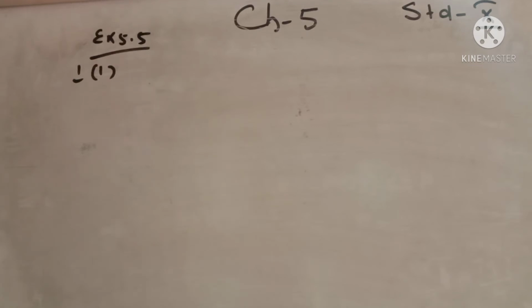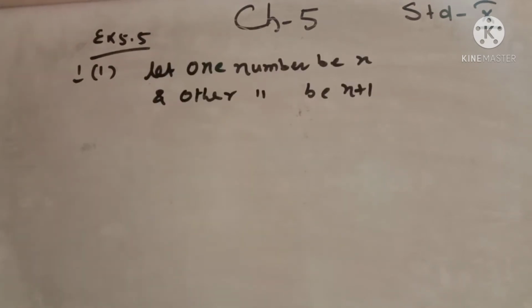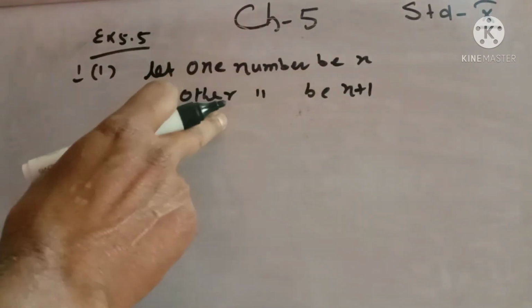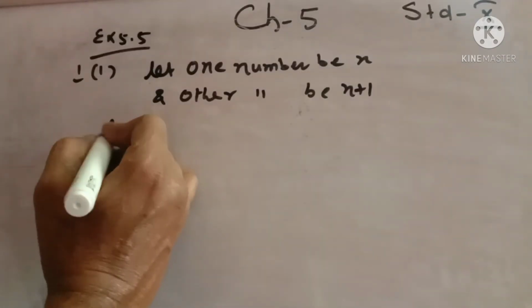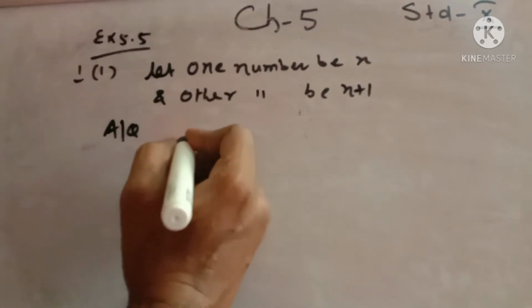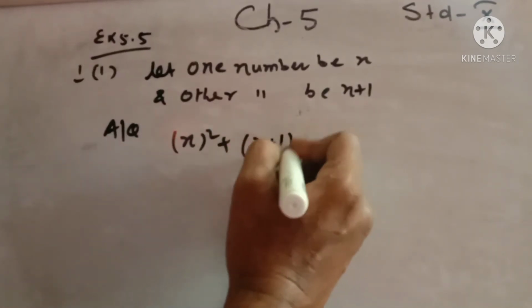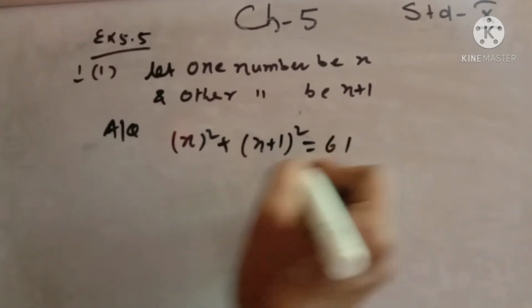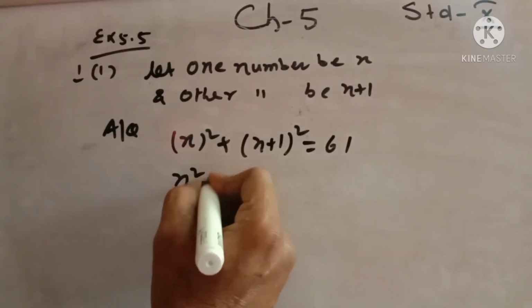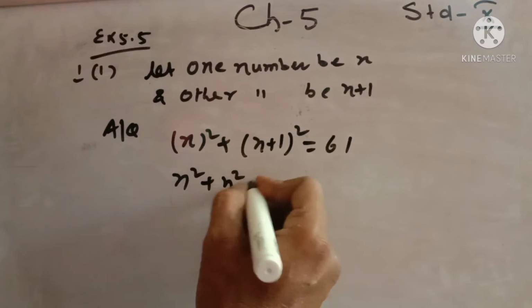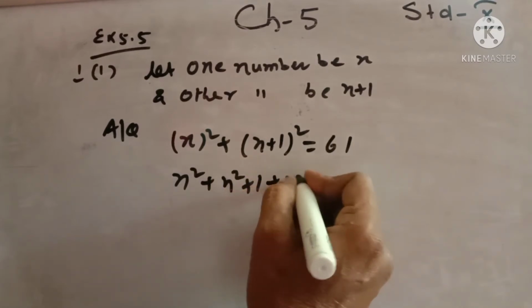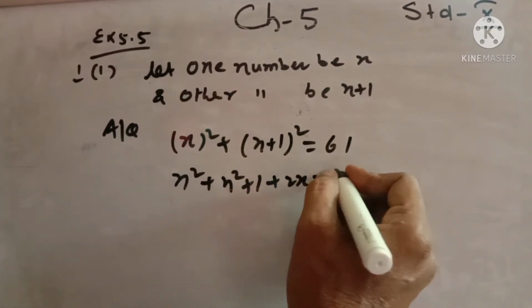So first of all, one number be x and other number be x plus 1. So according to the question I can write x square plus x plus 1 whole square equal to 61.